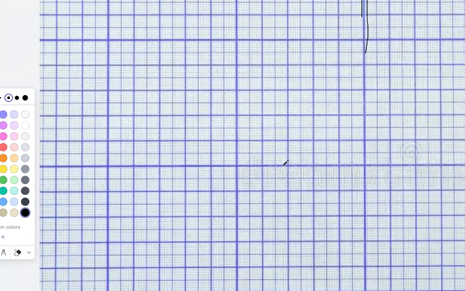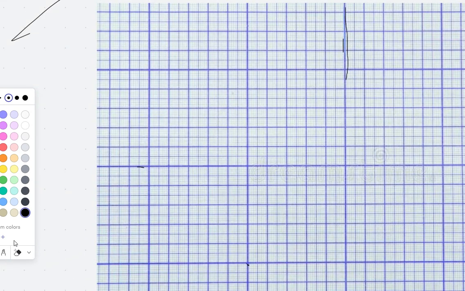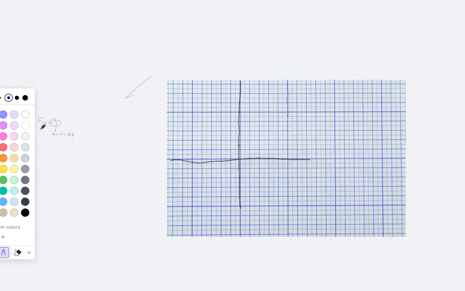Which we're gonna plot. Let's say this is our origin. So (0, 3) is about right here, right? So let's point that in red. That's the y-intercept. And with 5, it's the slope.